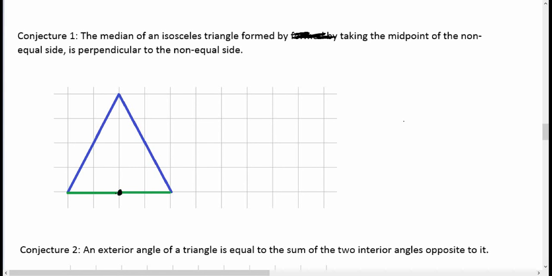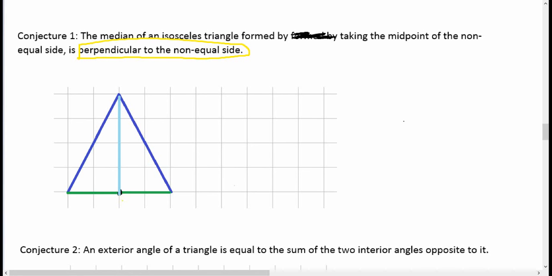Okay, and we're trying to make a median. So the median goes from the midpoint to the opposite vertex. It is perpendicular to the non-equal side.